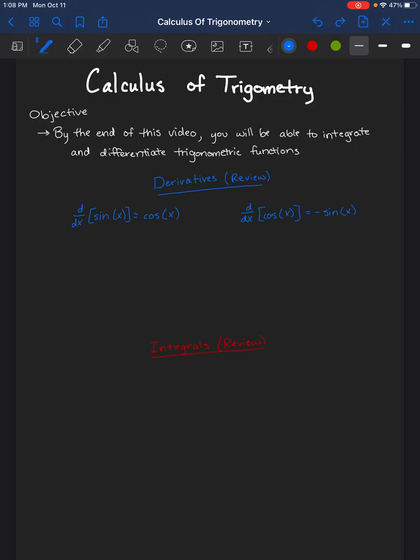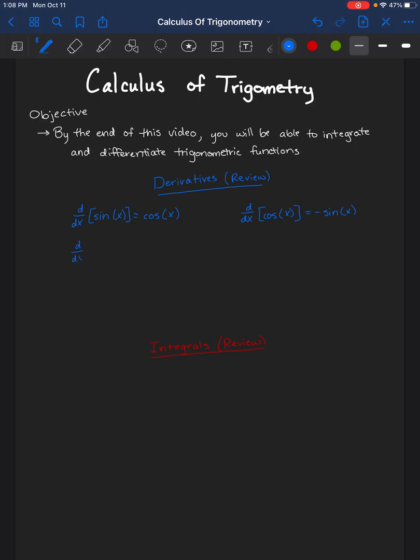Now, again, the probably most frequent mistake I see when people are doing derivatives with trig functions is that they don't remember to change it from positive to negative or negative to positive. And so the trick to remember there is if you start off with whether it's cosine, cosecant, or cotangent, that's when you know you need to switch it from positive to negative or negative to positive. Let me keep going.